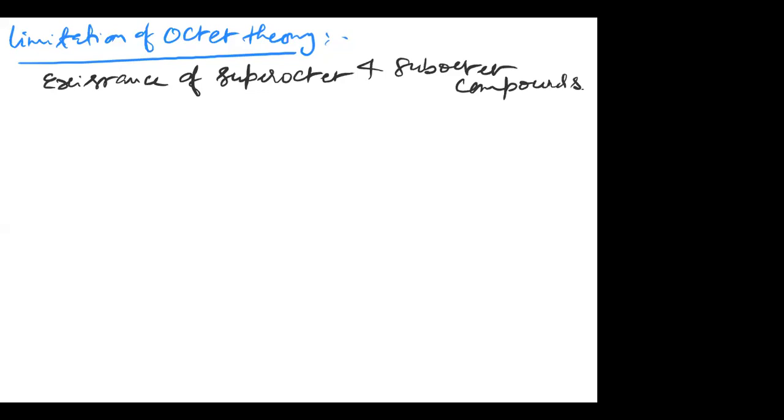The meaning of super-octet and sub-octet is, if we have a compound such as BeCl2, and let's say we have a compound such as BF3.